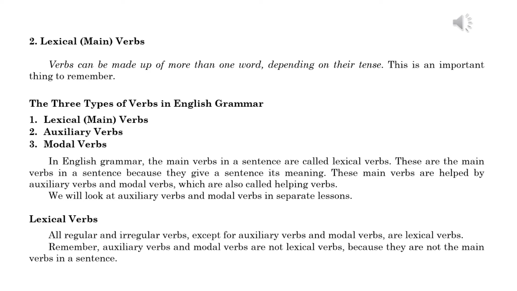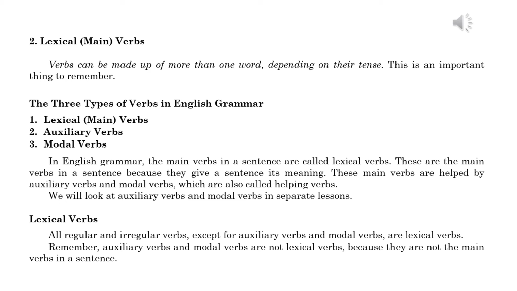In English grammar, the main verbs in a sentence are called lexical verbs. These are the main verbs in a sentence because they give a sentence its meaning. These main verbs are helped by auxiliary verbs and modal verbs, which are also called helping verbs. We will look at auxiliary verbs and modal verbs in separate lessons.